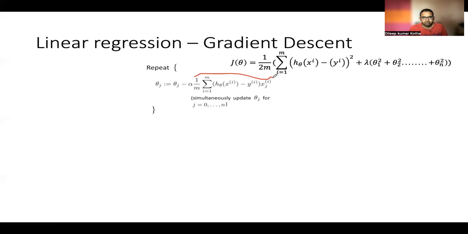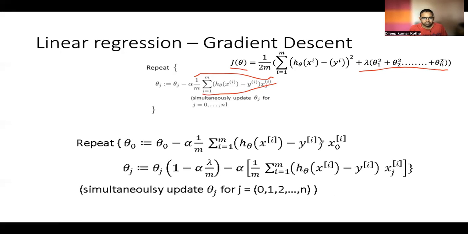Now, given our cost function like this, we have an extra added regularization equation. So what will be the derivative of J? Earlier the derivative is this one. What we get now is like this.